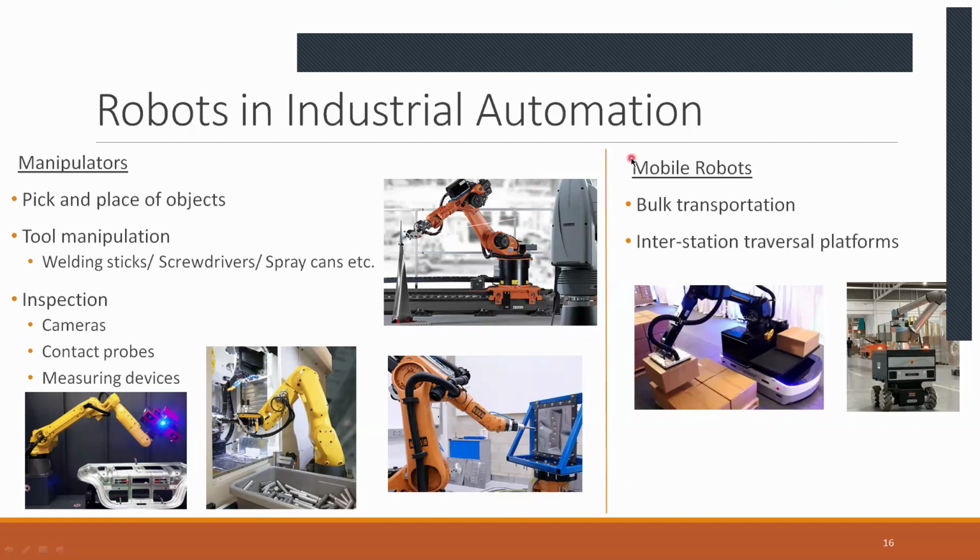And the second category of industrial robots is mobile robots, which can transport boxes and objects around. I would call it bulk transportation. And then we have mobile robots which carry a manipulator around. That might be because the factory or workplace has multiple stations.